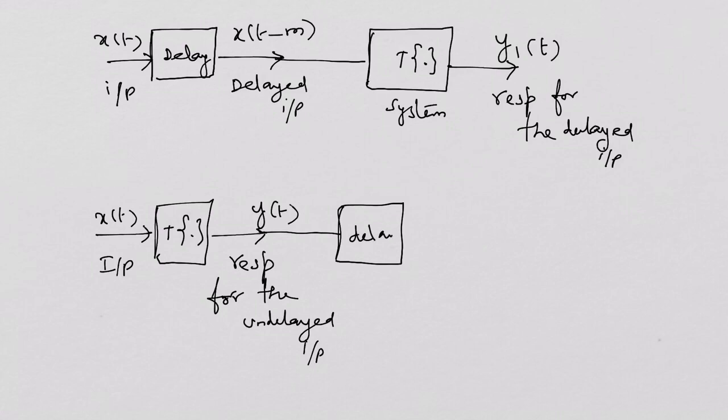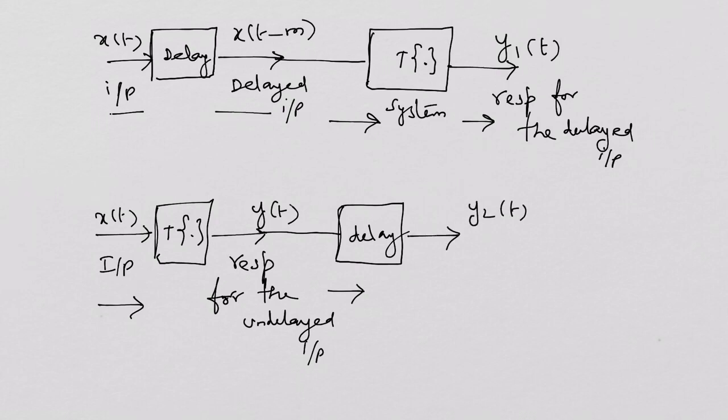In the first flow diagram, input is delayed and then applied through the system, and output is recorded. Now the input is directly applied through the system, and the response is recorded. Now the response is delayed, so you get the delayed response. If a system is time invariant, y1 of t must be equal to y2 of t.